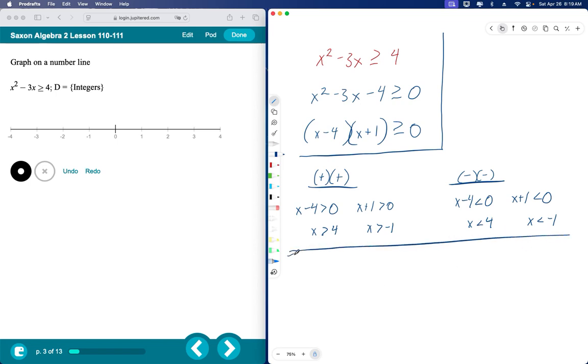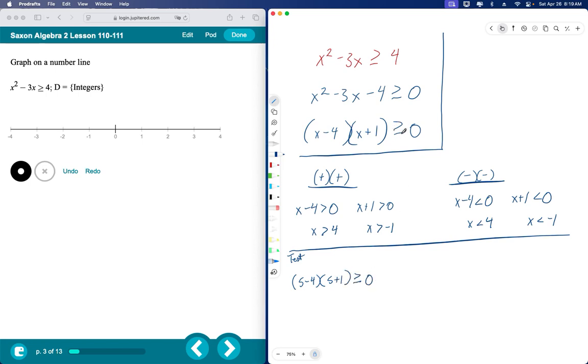we test for solutions. So I'm going to go right back to this last one, and I'm going to substitute in a value greater than 4. So I'm going to go with 5 for x. So 5 minus 4, 5 plus 1. Is that greater than or equal to 0?